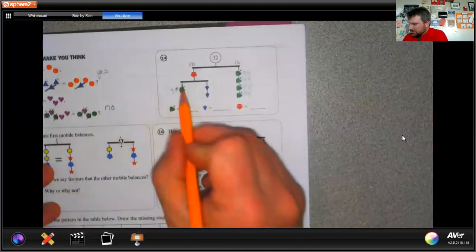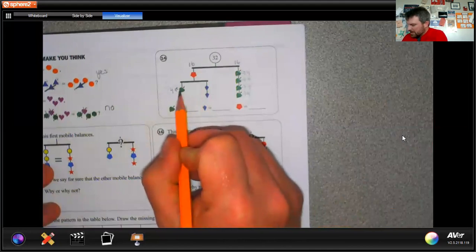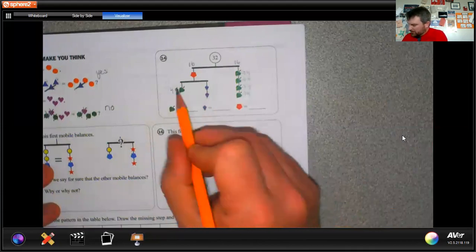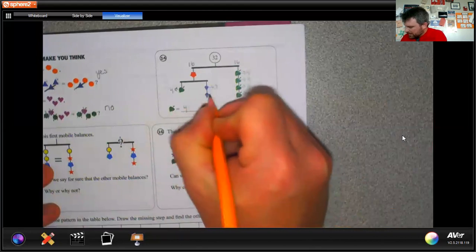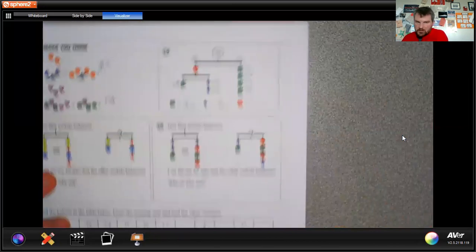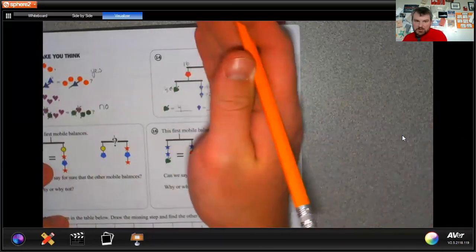Well, I know that this bar has to balance here. So 4 on this side has to equal 2 of these kites. So if I split 4 into 2 groups, that will give me 2 and 2. So I know a kite is worth 2. Now remember, this whole side over here has to equal 16.